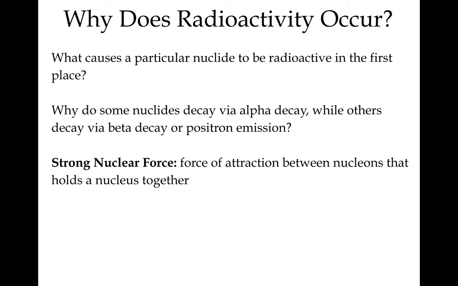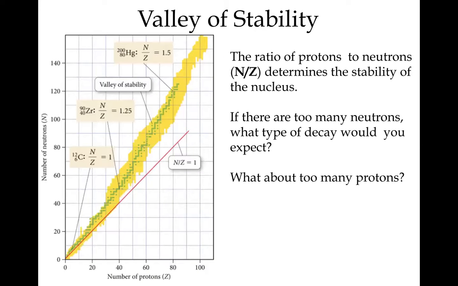And so what happens is that they will start to break down. They will not be considered stable. And we look at this and we relate the number of protons and neutrons in a nucleus in such a way that we call it a valley of stability.